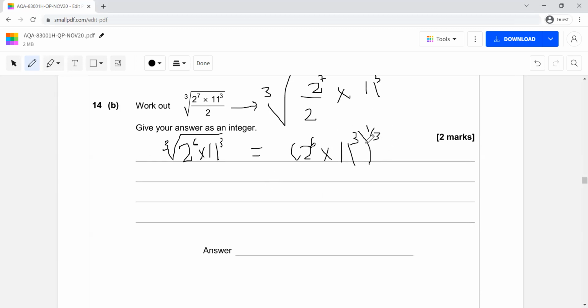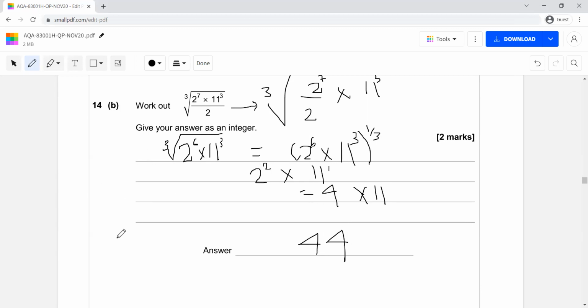So you get 6 times 1/3. So you multiply them together. 1/3 of 6 is 2. So there's 2 to the power of 2. And 3 times 1/3 is just 1. So you get 2 squared times 11. So it's 4 times 11, which is equal to 44.